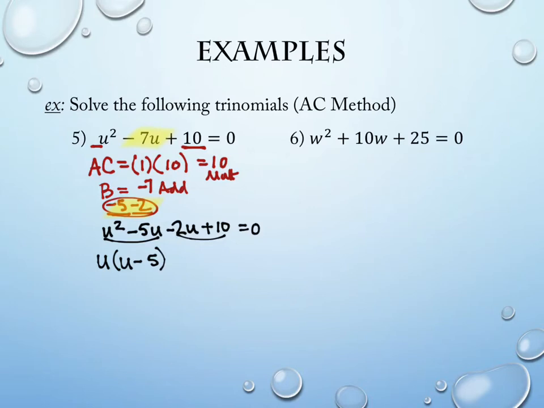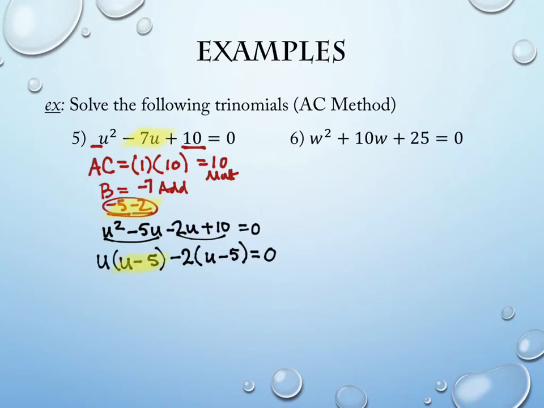They have a 2. And I actually need to pull out a negative 2. You'll see why in a moment, but just trust me. If I take negative 2u and divide by negative 2, what do I get? U. And if I take 10 and divide by negative 2, what do I get? Negative 5.